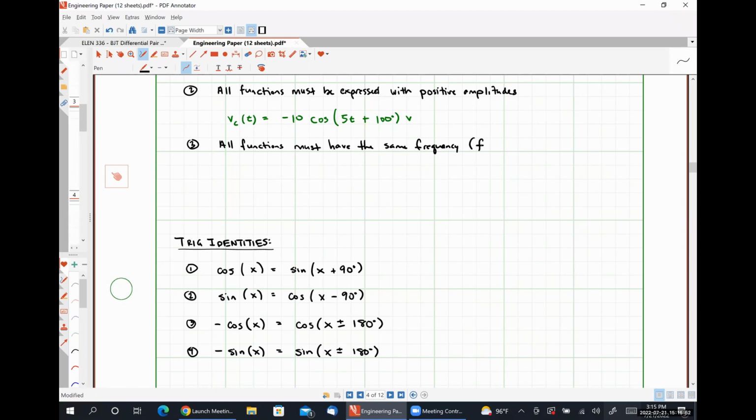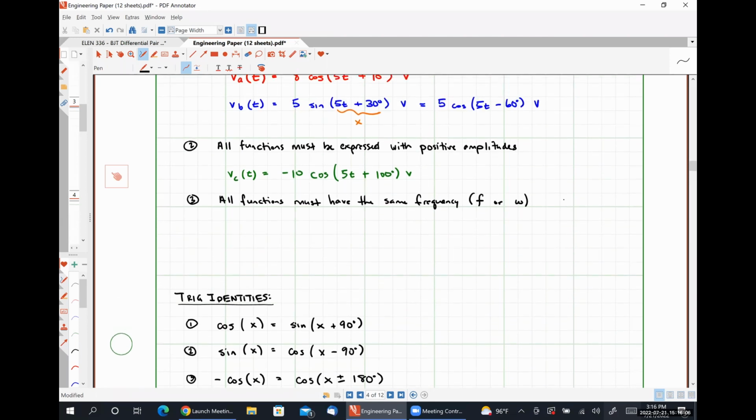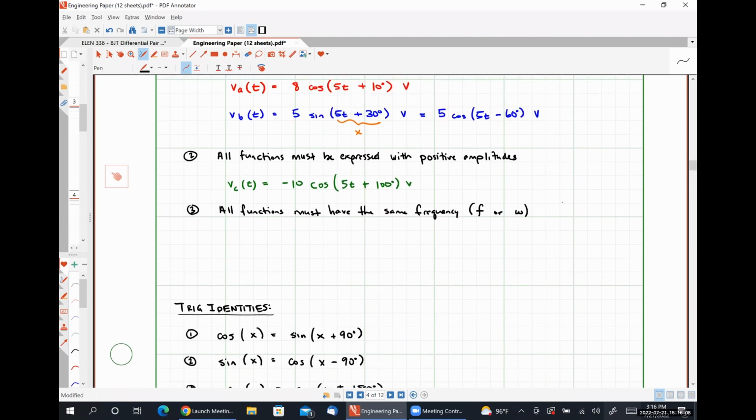This could be linear frequency f or angular frequency omega. If they all have the same linear frequency, then they all also have the same angular frequency, okay? So the three different waveforms that I've listed here, VA, VB, and VC, all have an angular frequency of 5 radians per second. So I could compare these.